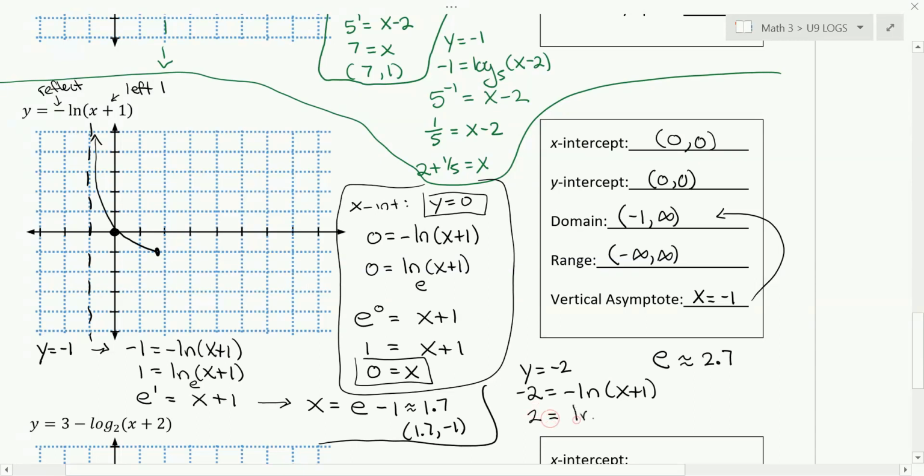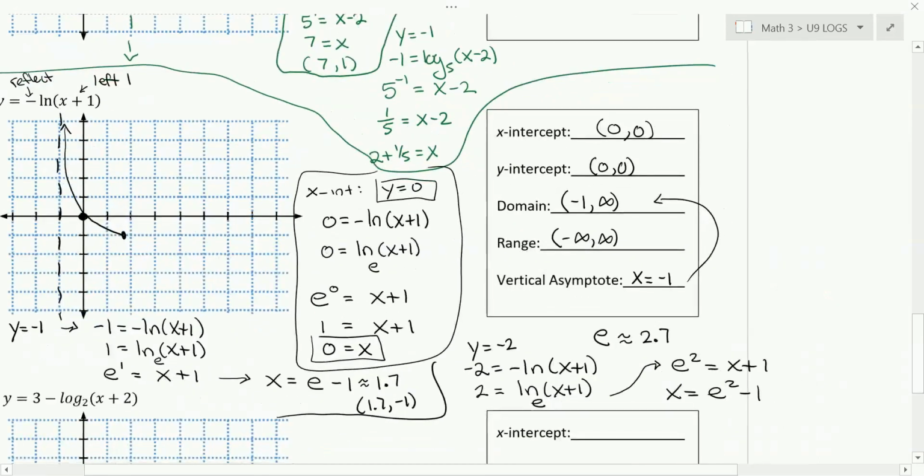So 2 is natural log of x plus 1. So e squared is equal to x plus 1. So x is going to be e squared minus 1. If you have a calculator, feel free to type that in your calculator. Your scientific calculator should have a button with e on it.